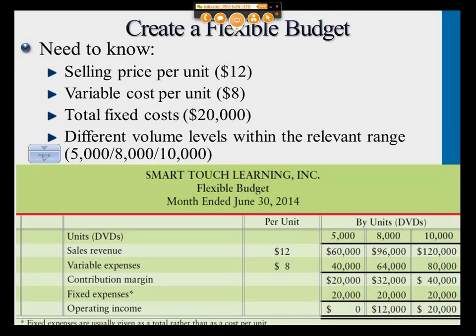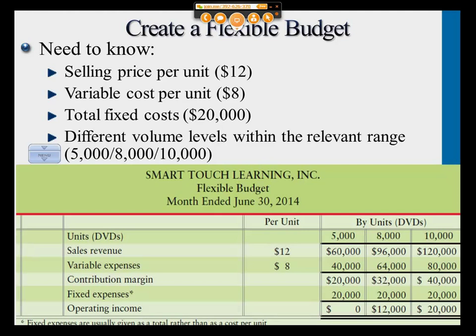So to put together a flexible budget, we need to have several things available: selling price per unit, variable cost per unit, total fixed cost, and the different volume levels within some relevant range.